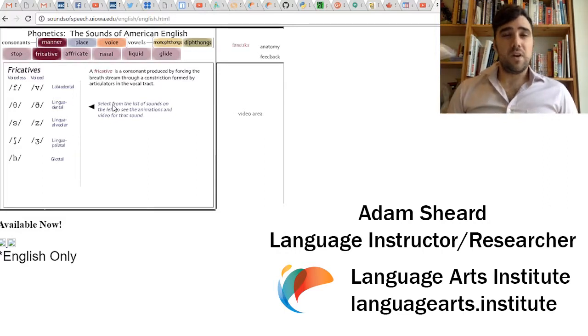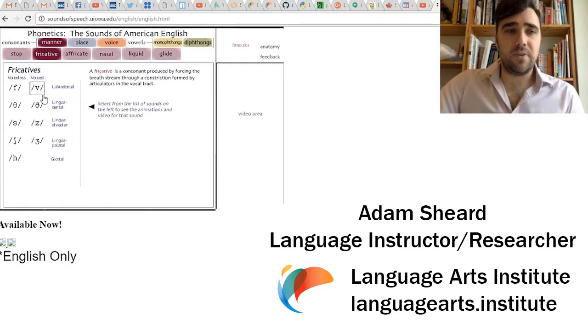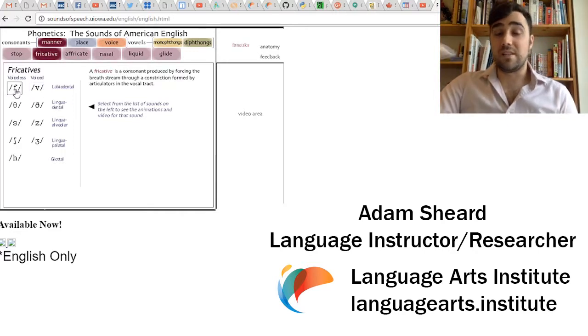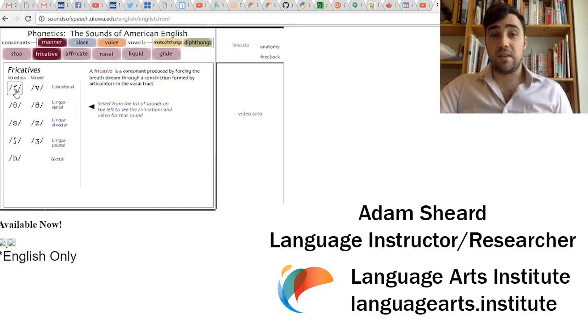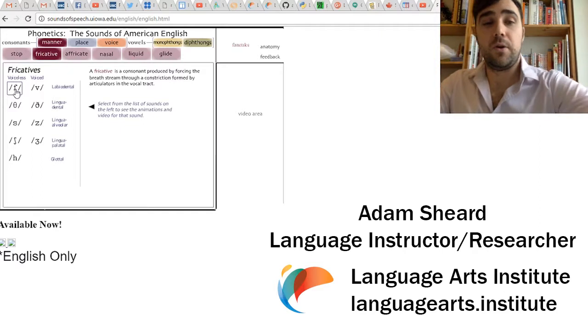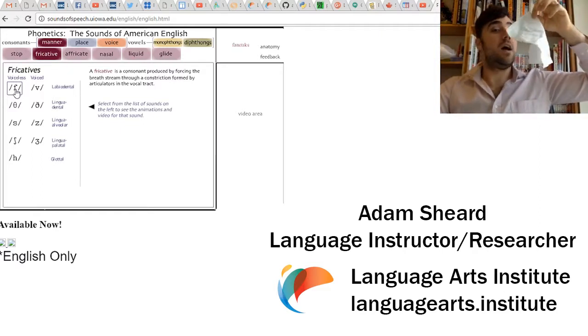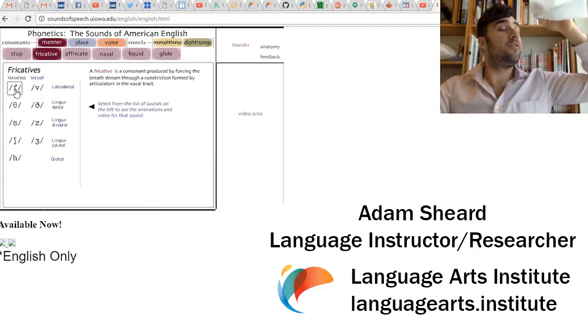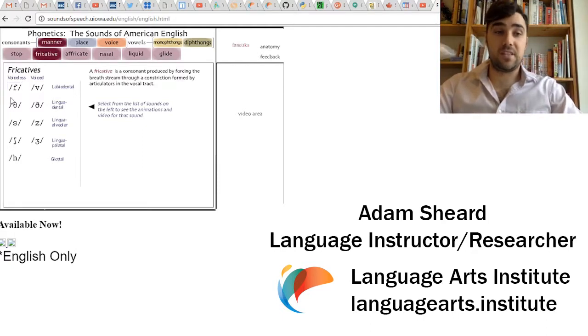So let's move on to the fricatives here. Now, you see the fricatives also have voiceless and voiced, like we talked about last time. So voiceless means that when you say them, air comes out. You have an airflow at your mouth. Like I said with the tissue, the first sound here makes that voiceless sound, with that airflow.